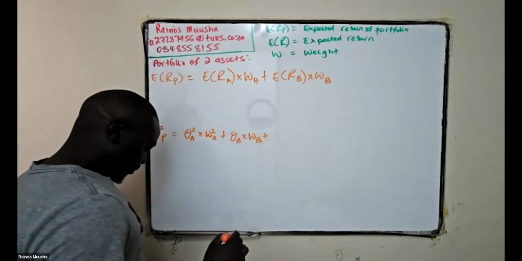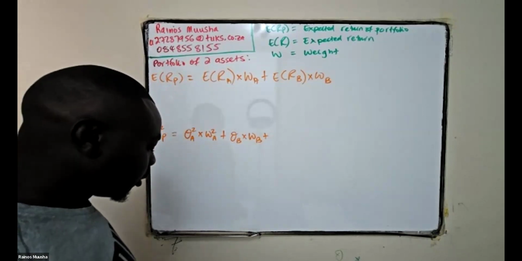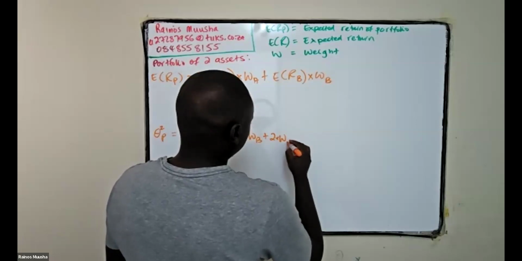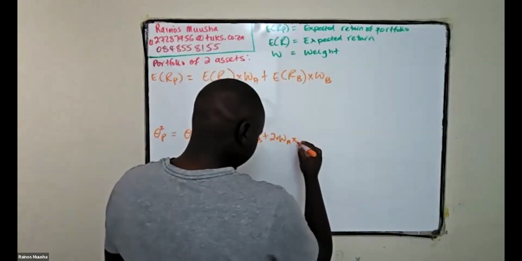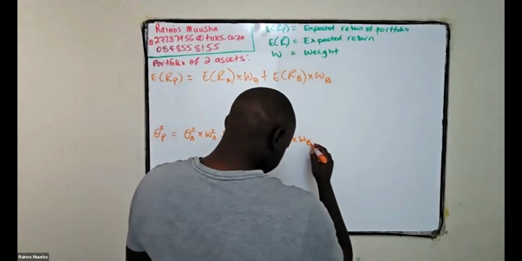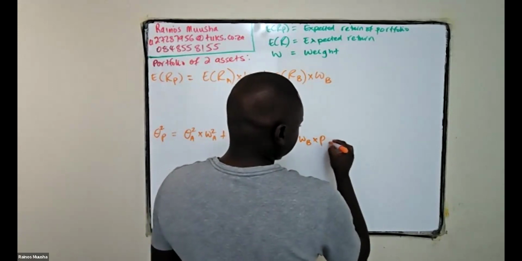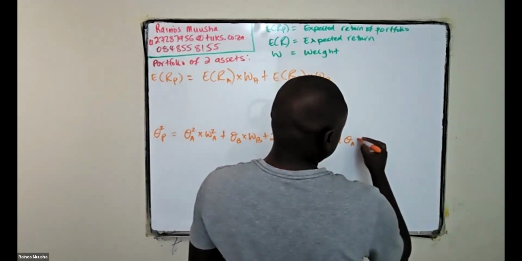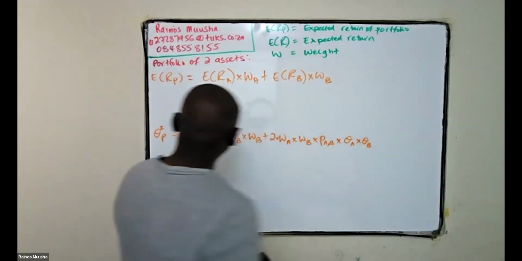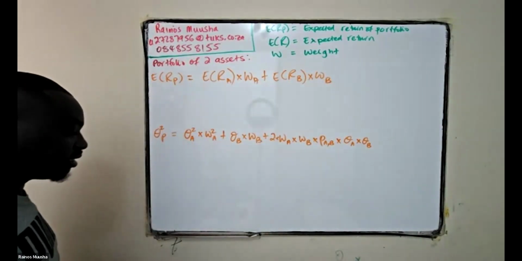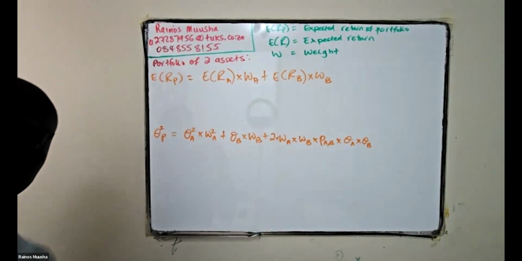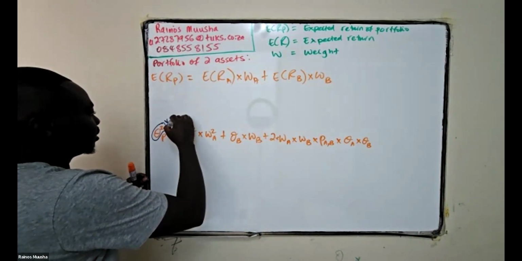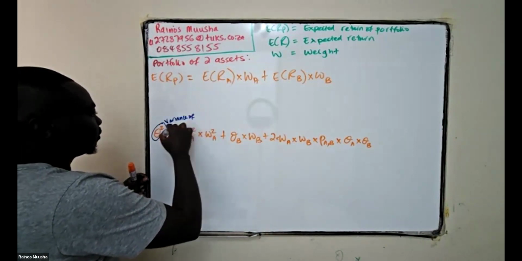Plus 2 multiplied by the weight of asset A multiplied by the weight of asset B multiplied by the correlation coefficient of asset A and B, multiplied by the standard deviation of asset A multiplied by the standard deviation of asset B. So this is how we determine the variance of the portfolio. So this represents the variance of the portfolio.